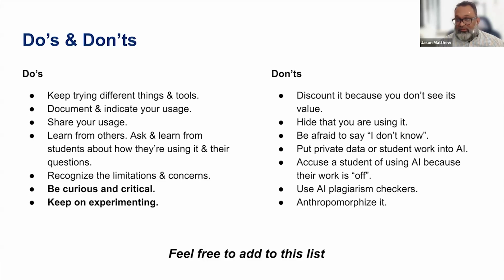Right, the don'ts. Don't just rule it out, and be transparent. And you know what? This thing is so new, and it's rapidly evolving and changing, that it is very easy that we don't know everything. I don't think anybody is an expert in it, to be fair. But let's be careful about student work and private data.